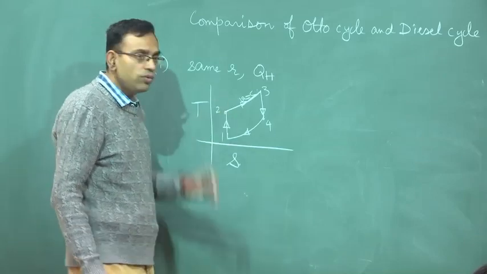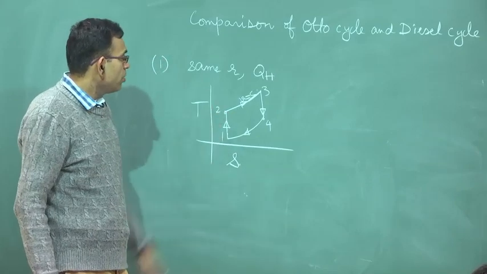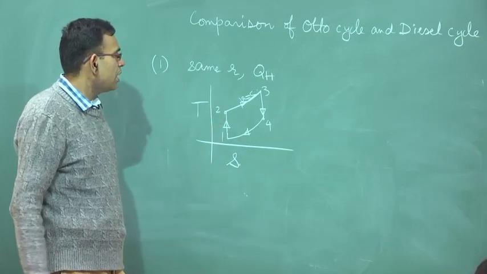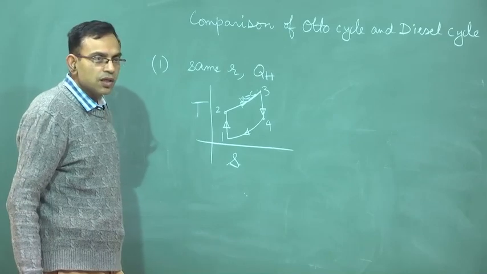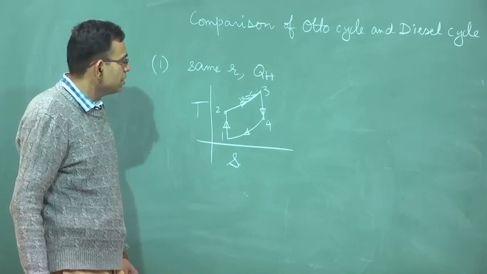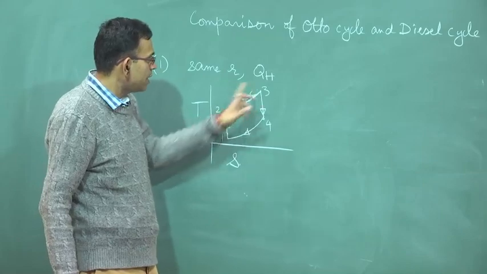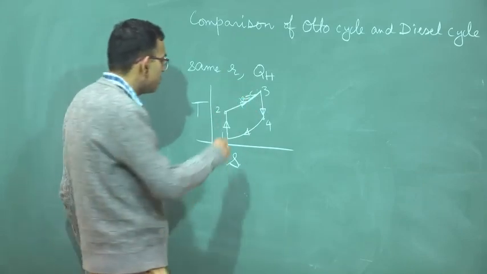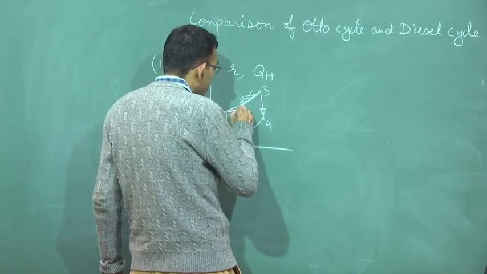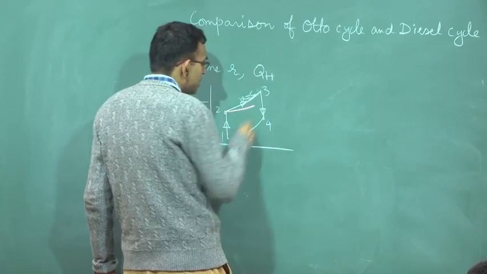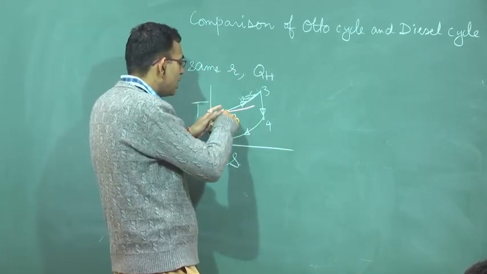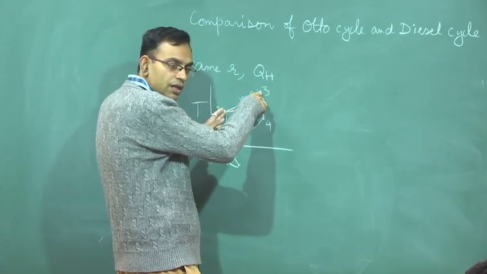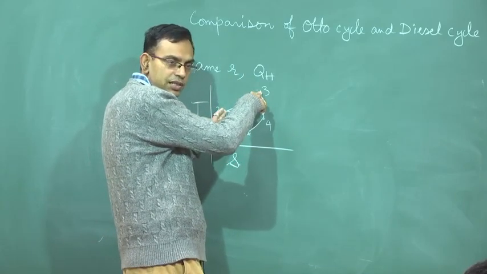So, from 2 you will have a constant pressure line. If you have a constant pressure line, constant volume line is steeper than constant pressure line. So, constant pressure line from 2 will go like this, and heat addition being the same, the area under 2 to 3 represents the heat addition process in the TS diagram.